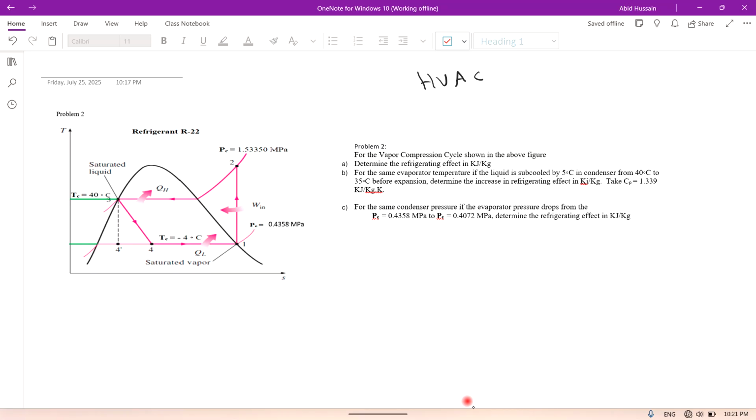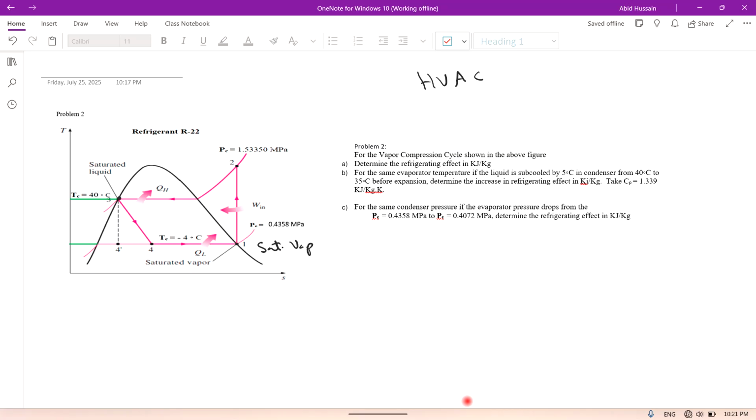This is the end of evaporator, and in this one the refrigerant R22 is a saturated vapor. From 1 to 2 this is compression, and from 2 to 3 this is condensation.